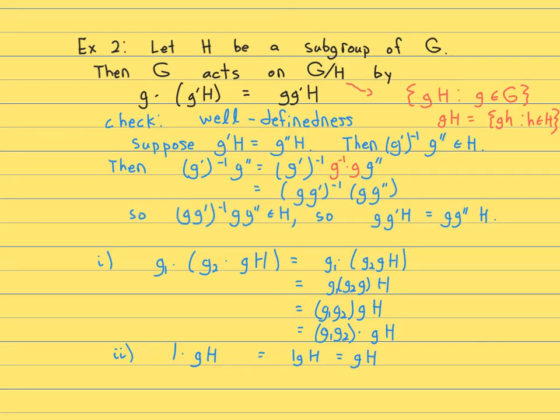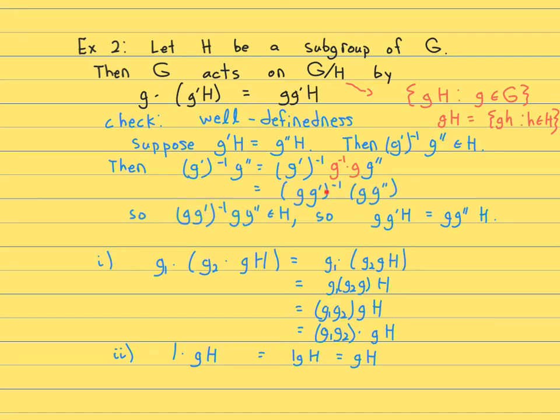Then by one of the standard properties of cosets, g'^{-1}g'' must be in my subgroup H. What do I want for well-definedness? I want to guarantee that these two cosets, g'H is equal to g''H. That's equivalent to saying that the inverse of this coset representative times this coset representative is in H, which means I need to show this calculation.